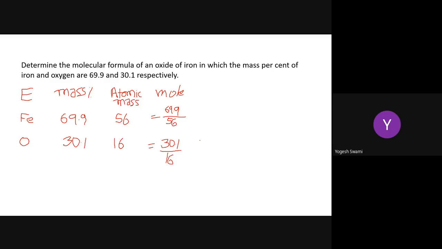Now tell me the value up to 2 decimal places. The value of 69.9 divided by 56 is near about 1.25, and 30.1 divided by 16 is near about 1.88.